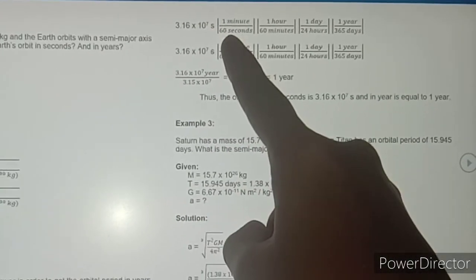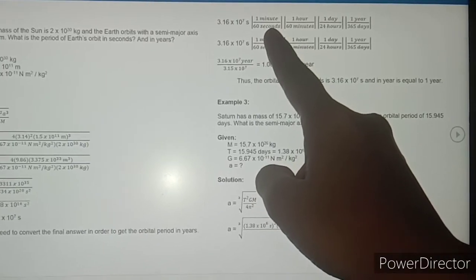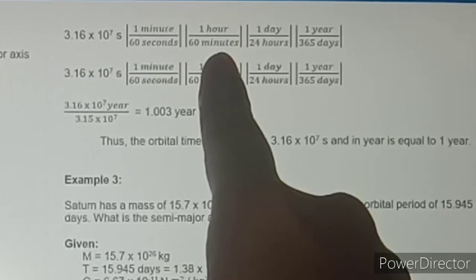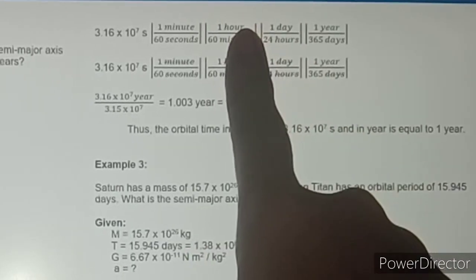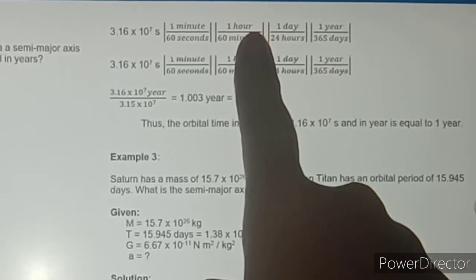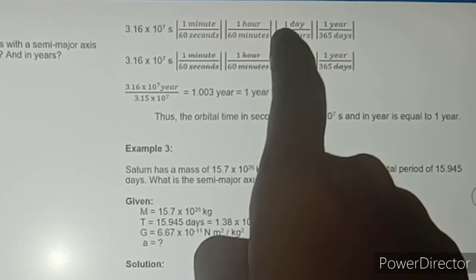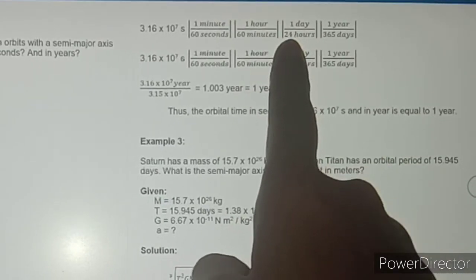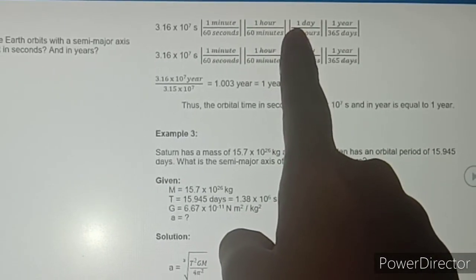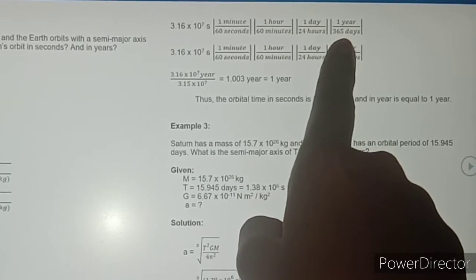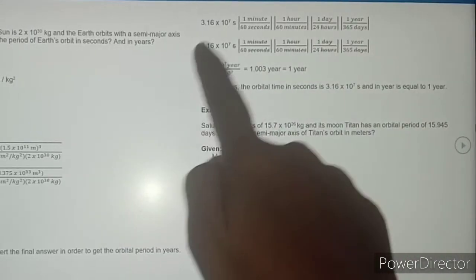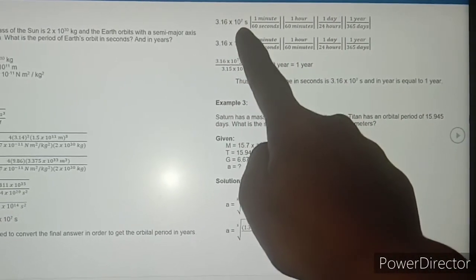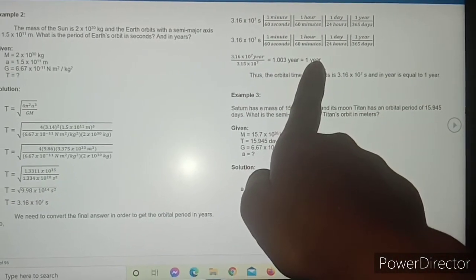And in conversion, we have 60 seconds in 1 minute. In 60 minutes, we have 1 hour. Or it is equal to 1 hour. And 24 hours is equal to 1 day. And then, 365 days is equal to 1 year. Yan po yung step by step kung paano nyo i-convert yung seconds into a year.